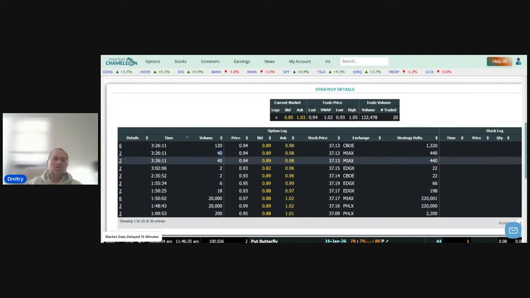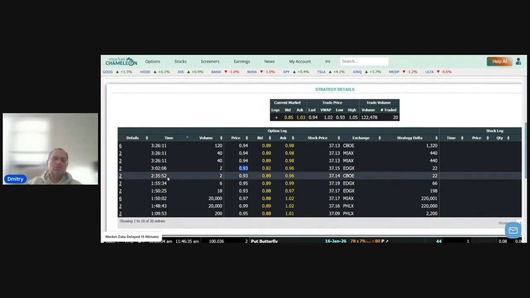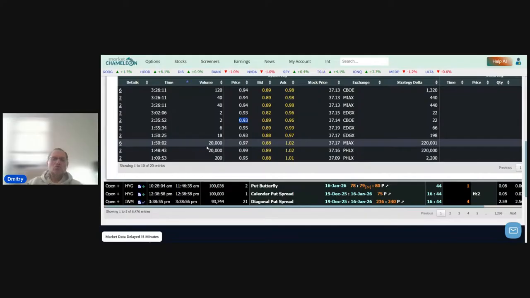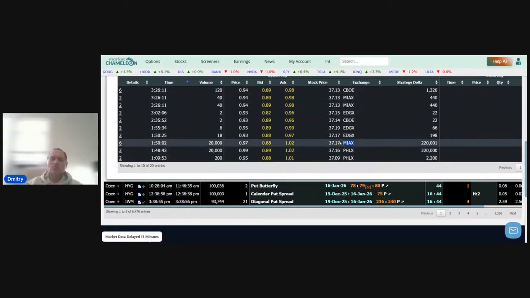So you could see 302.06 for 93 cents, 253.52, 235.52, 93 cents. 20,000 contracts traded at 1:50 p.m. in 2 seconds. So if we wanted just to see that, see 97 cents, the market here, these are the different exchanges it traded on, different stock price references.